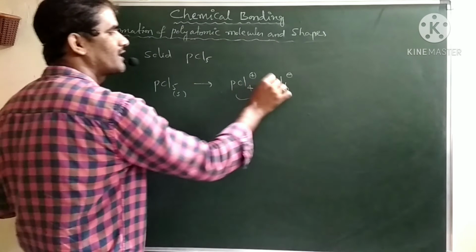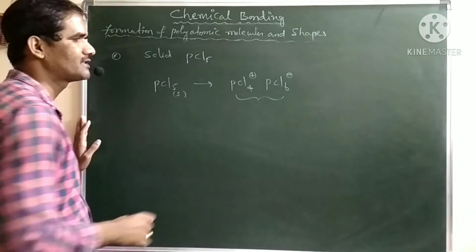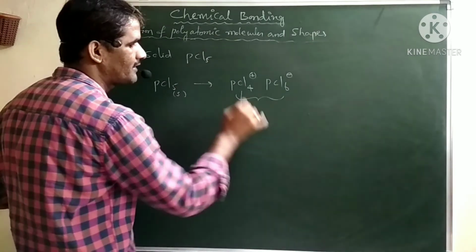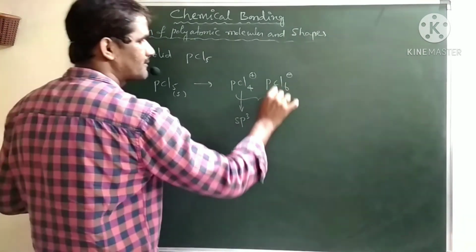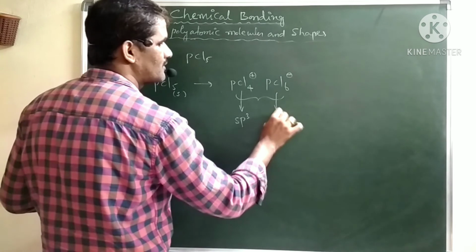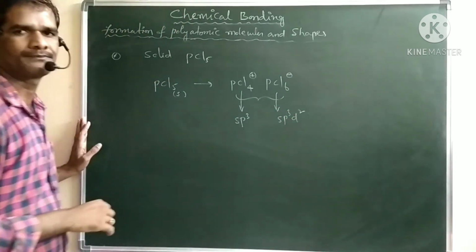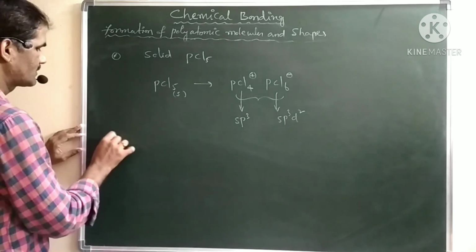Here 2 different phosphorus undergo different hybridization. In PCl4 plus the phosphorus hybridization is sp3, whereas here, with 6 bonds, the hybridization is sp3d2.